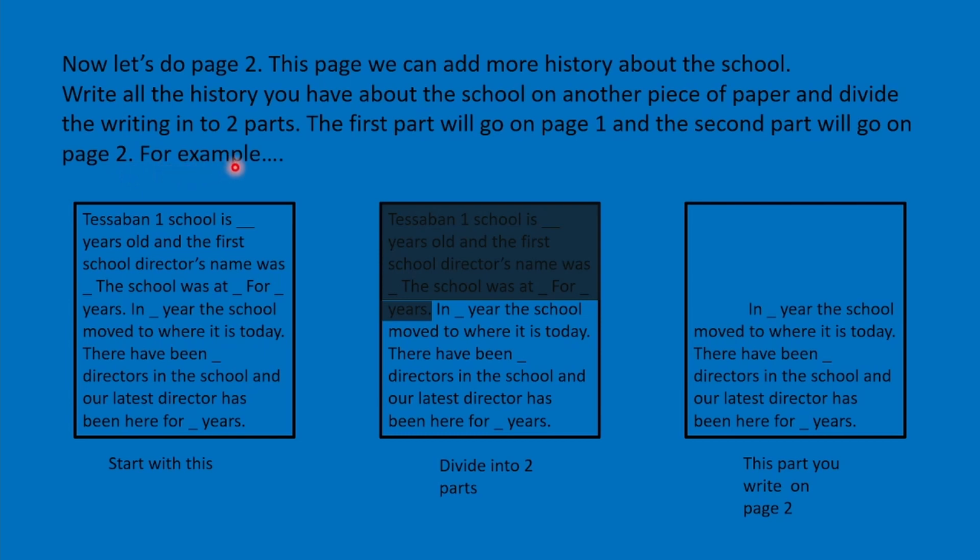For example, Tesaban 1 school is years old and the first school director's name was, the school was at for years in year the school moved to where it is today.